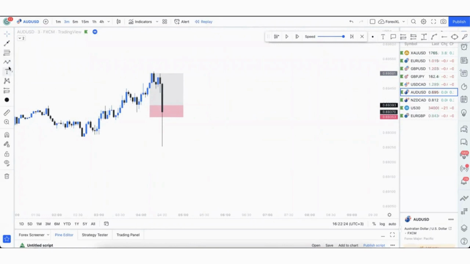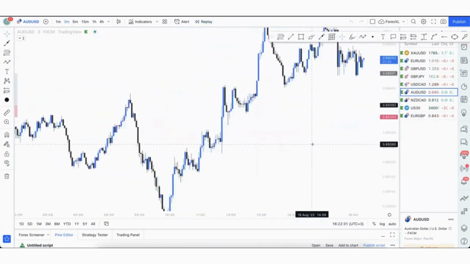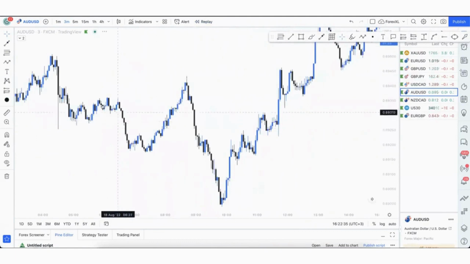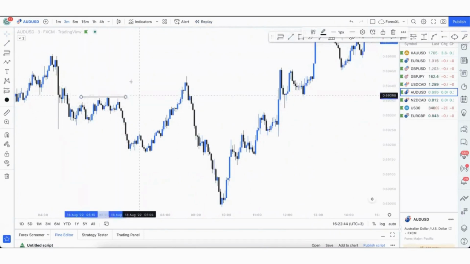Another example is this one, a double top, right?